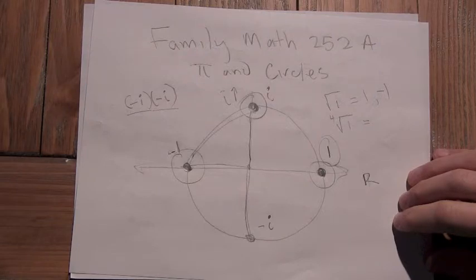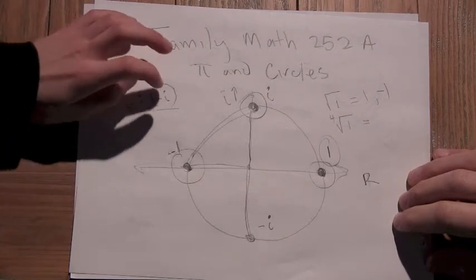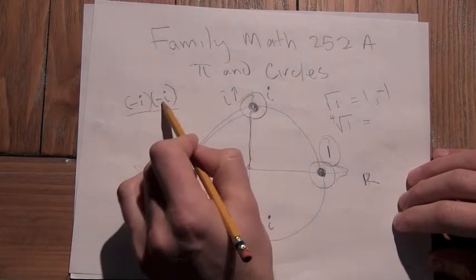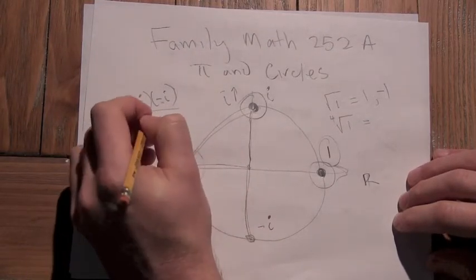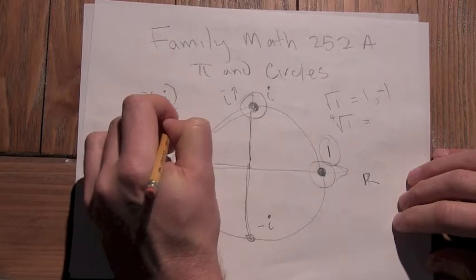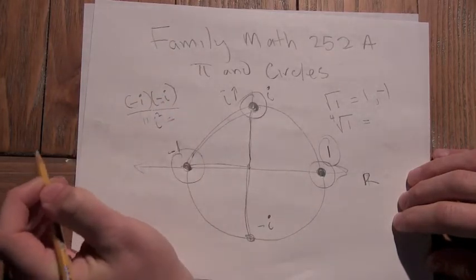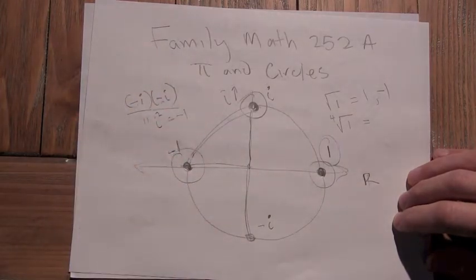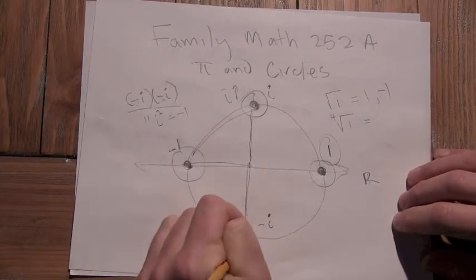How come you get I squared? Because the 2 negatives cancel each other out. So this is the same as I squared, which is minus 1. So what's minus I to the 4th then? Minus I times minus I, -1 times -1 is 1. So minus I to the 4th is 1. Hey, so look at that.